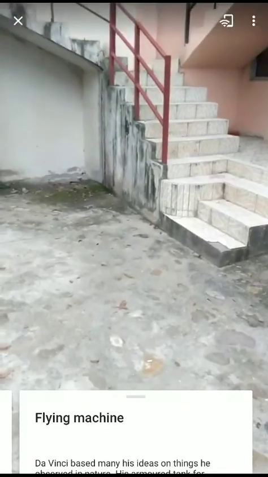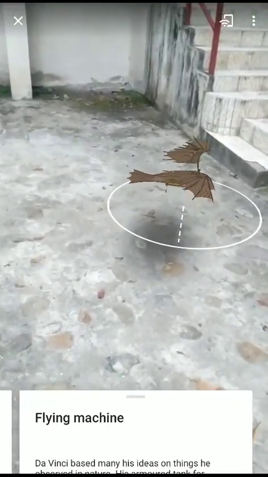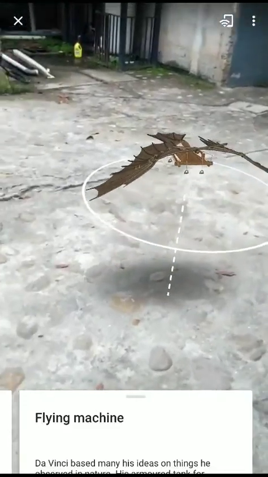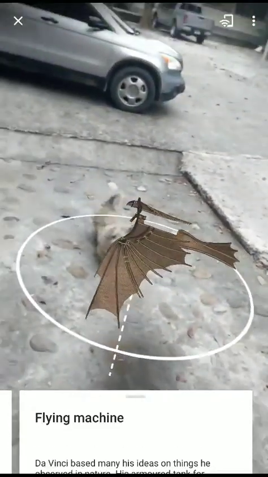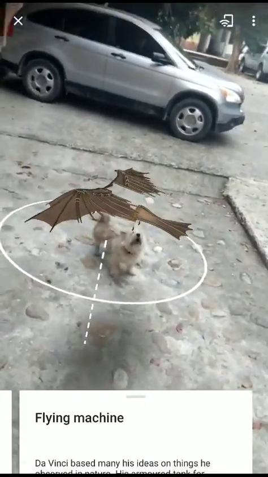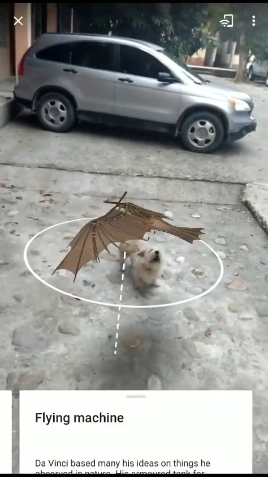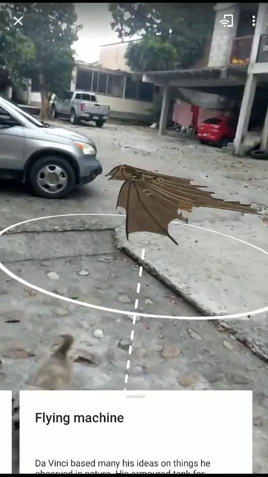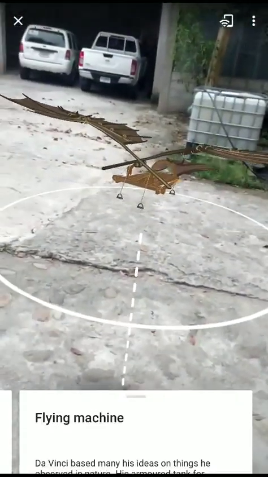Okay, flying machine. This one is my favorite. Watch this. Let's see, I'm gonna get the dog in the shot here. Look at that. Look at this flying machine.